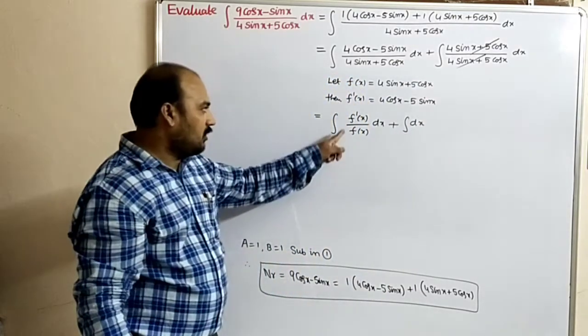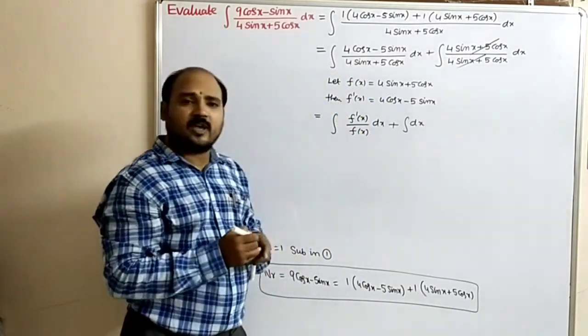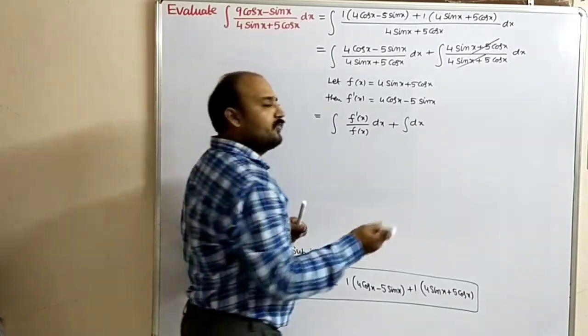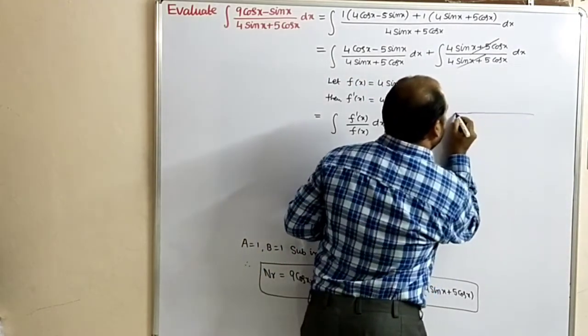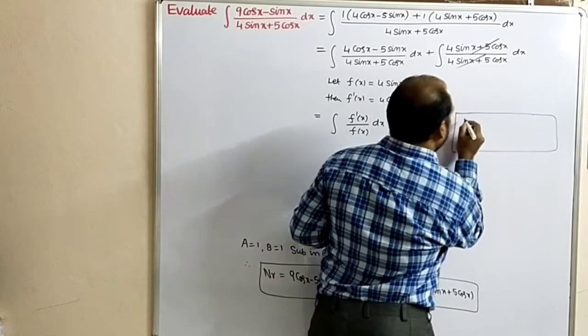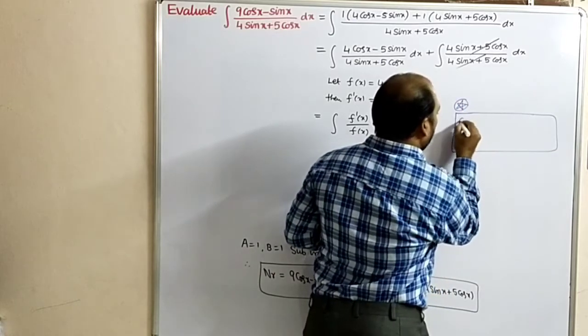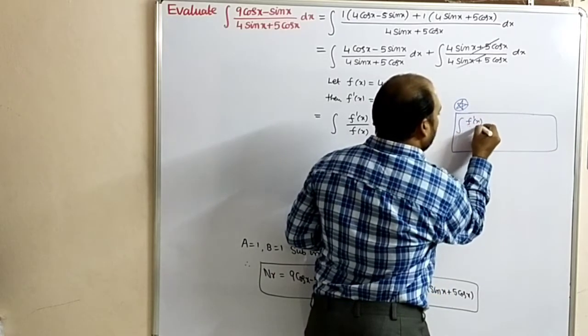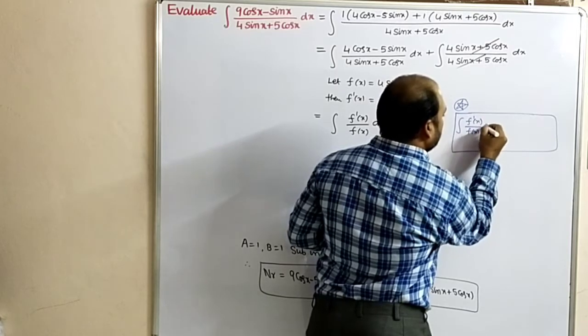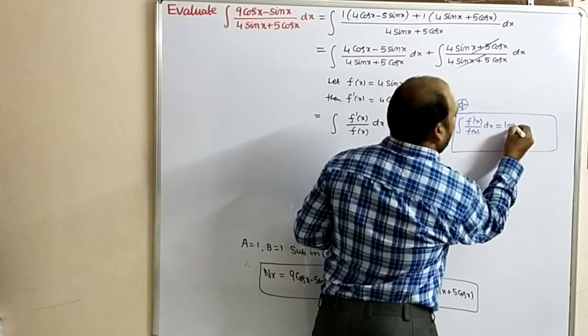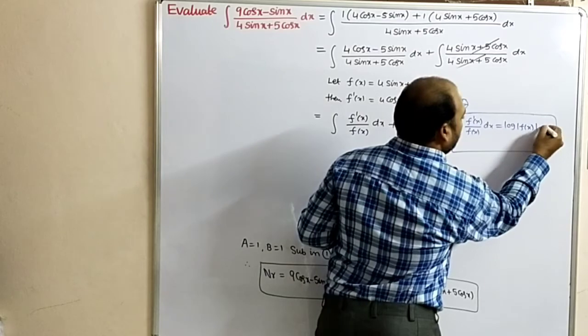We know that formula. Integral f dash of x by f of x into dx equals what? In previous sessions we discussed that integral f dash of x divided by f of x into dx is equal to log mod f of x plus c.